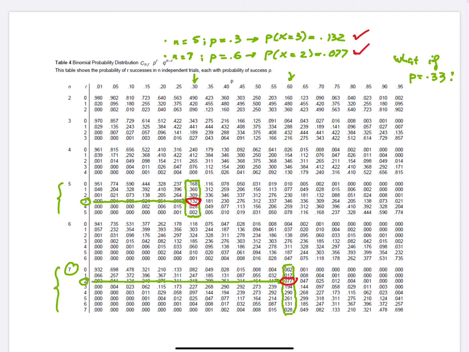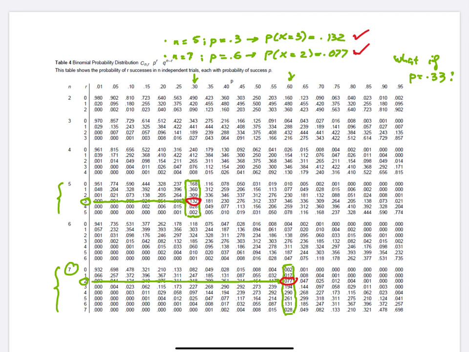Notice that 0.33 is not in this table, so you cannot use this table to find the probability distribution where p is 0.33. So what do we do? Remember that we have the formula. If we run into a scenario where the table cannot give us the probability distribution that we want, you can plug numbers into the formula and find the probability.